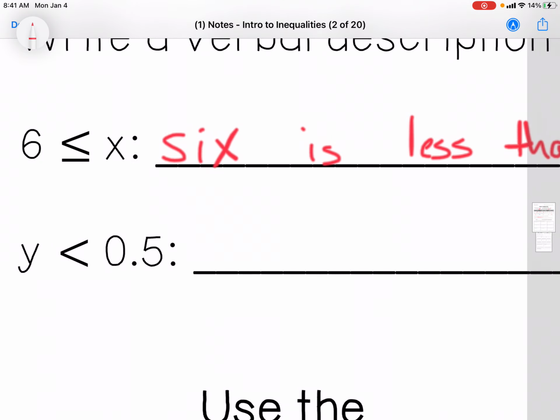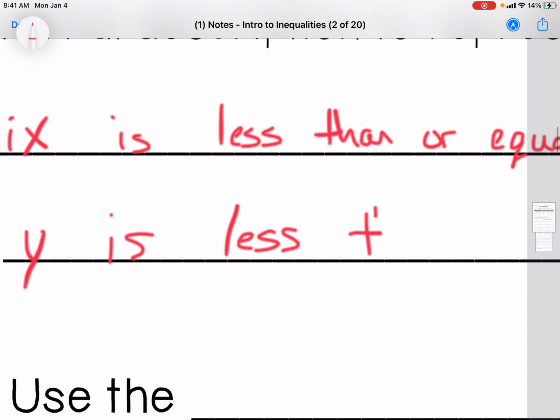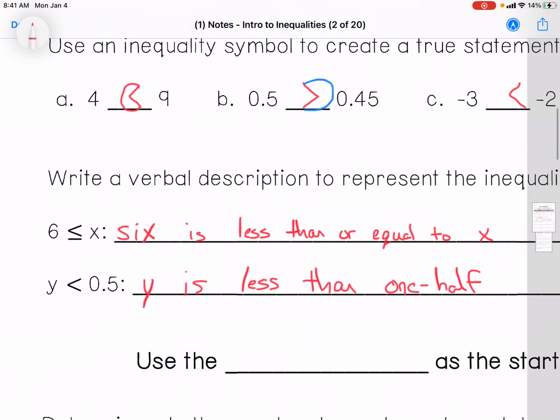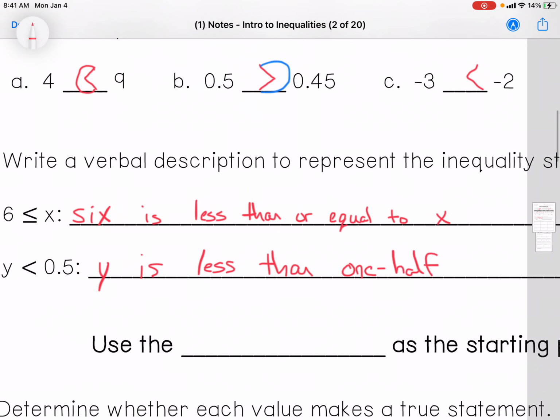All right, this next one. Y is less than 1/2. All you're doing is writing it how you would say it, okay?